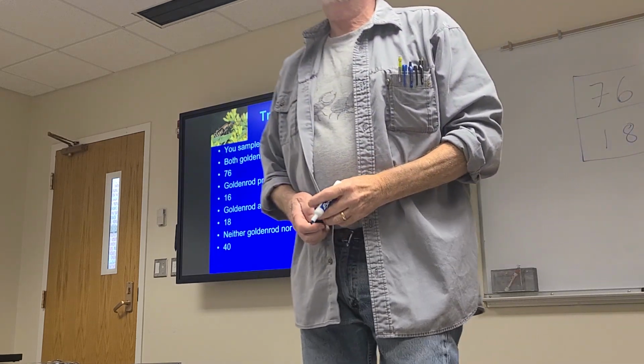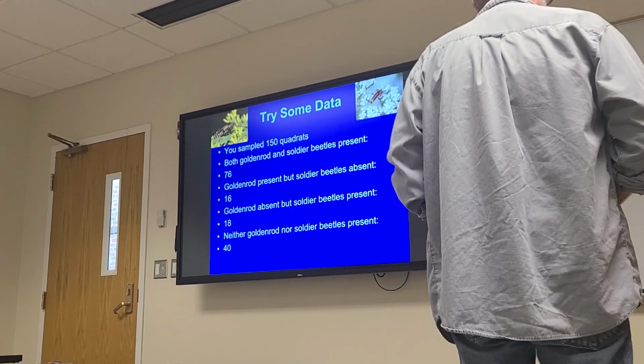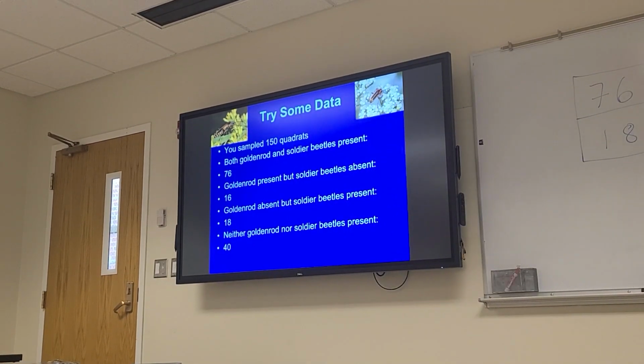What's the first thing you do? Start adding across the rows. Adding across the rows would be a good idea.